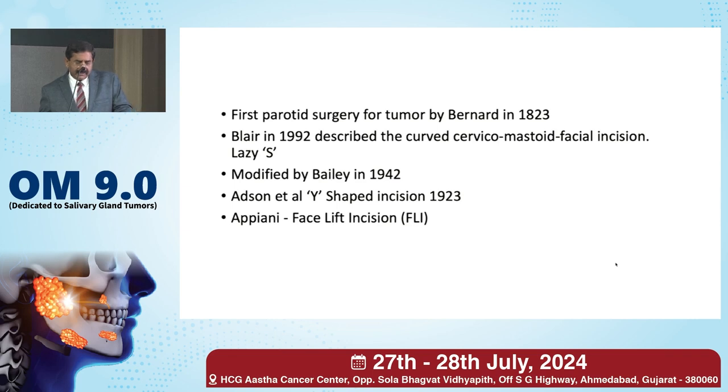Blair in 1892 described the curved cervicomastoid facial incision, which is a lazy S, which we all follow now. Then there was a modification by Bailey in 1942. Edson et al. described a Y incision for malignancy, and Appiani started the facelift incision for parotid.